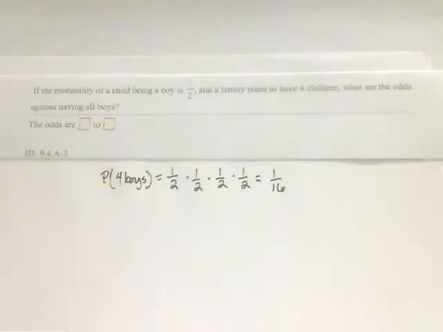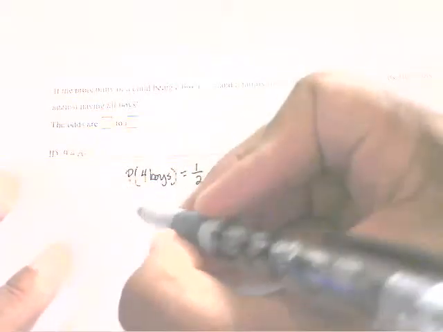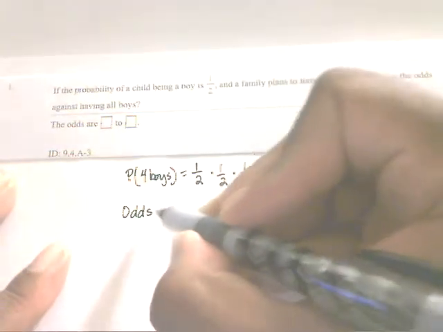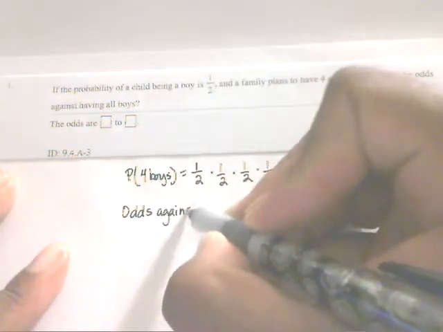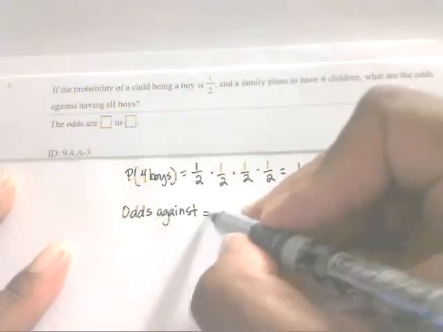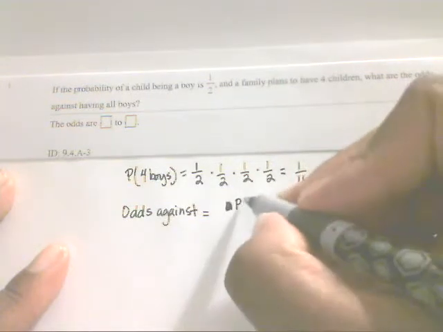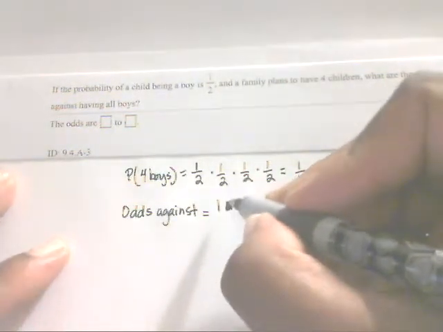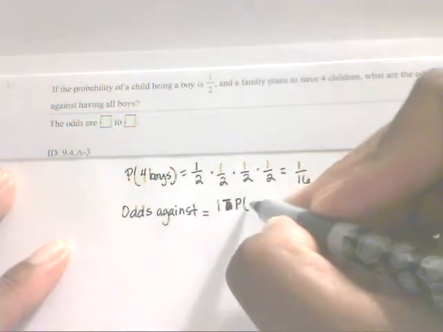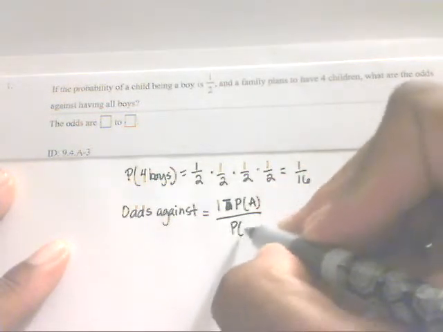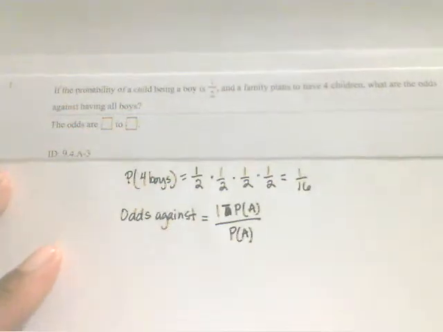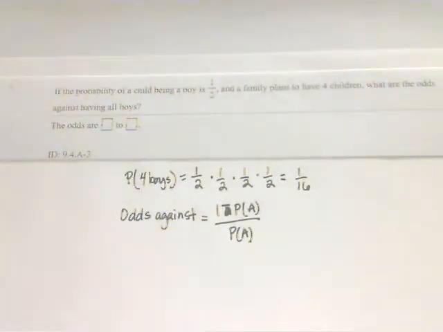Okay, but we want the odds against having all boys. Now we talked about a formula for the odds against, which is always going to be 1 minus the probability of event A divided by the probability of event A. And by the way, odds against is always the reciprocal of the odds in favor.